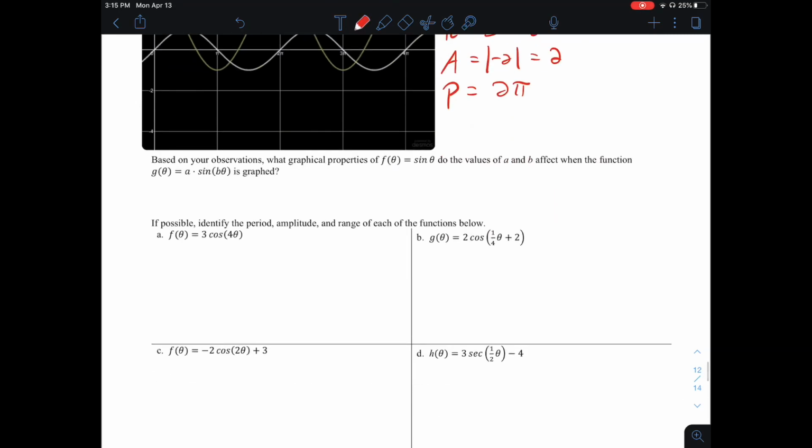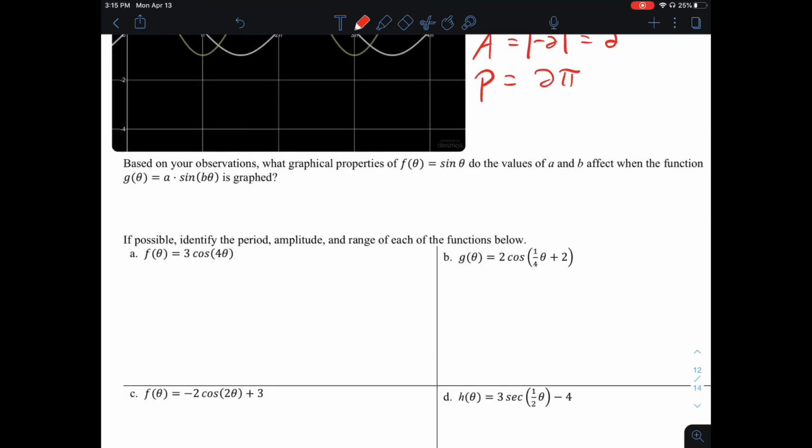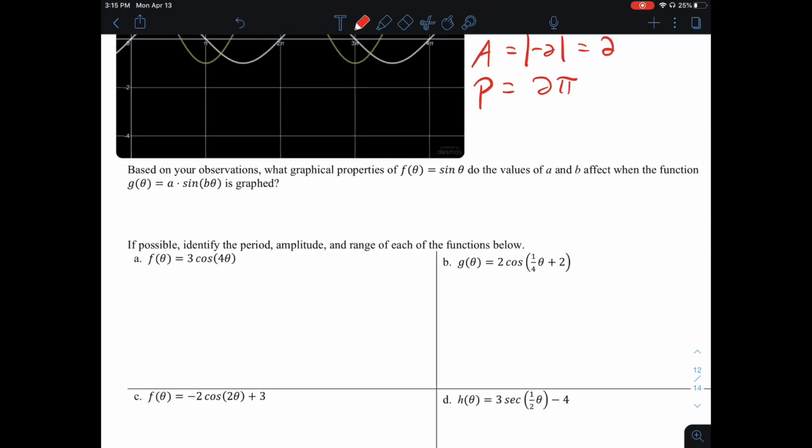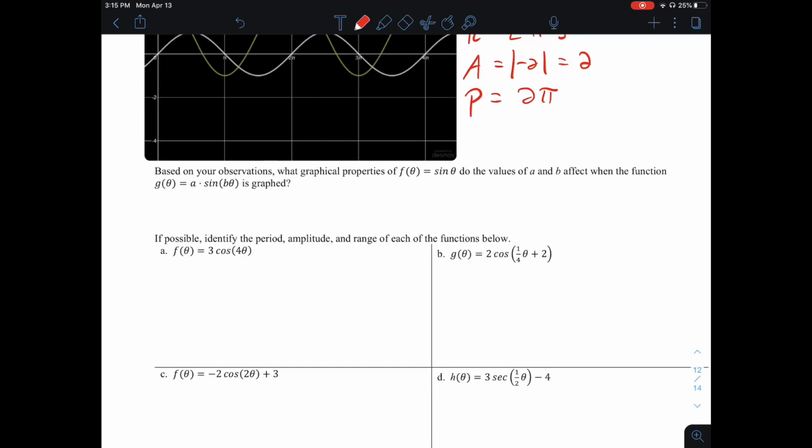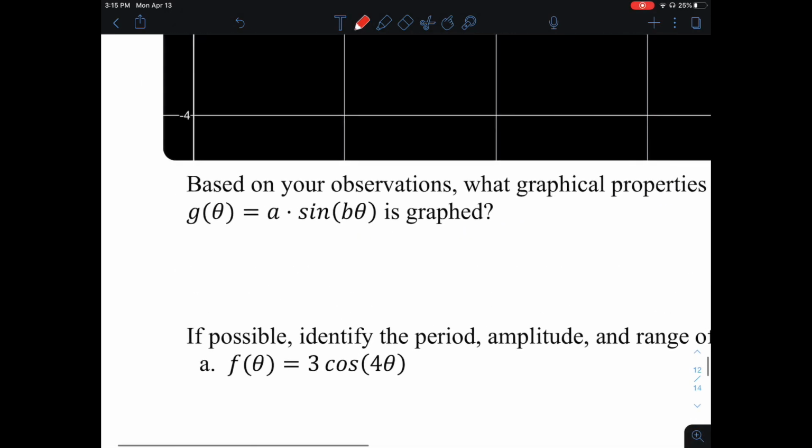All right, moving on. Based on your observations, what graphical properties of f of x equals sine of theta do the values of a and b affect when the graph of g of x is this? Well, a, as we already know, is going to affect the vertical stretching of the graph and if there's a reflection, which we knew already. So what's it have to do with sine?